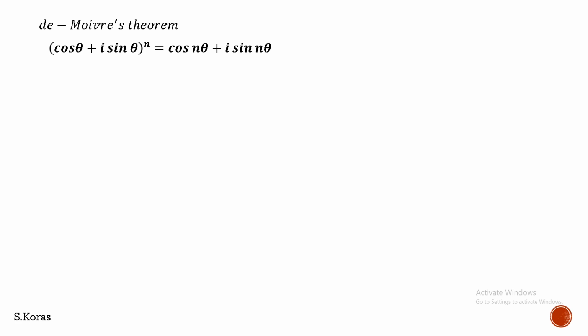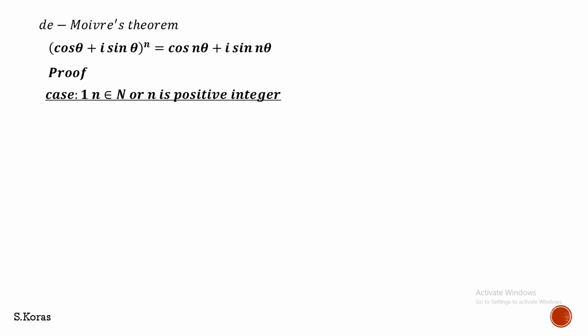How to prove this? First, this n may be a positive integer, or a negative integer, or a rational number, or an irrational number. Finally, in total, it may be a real number.